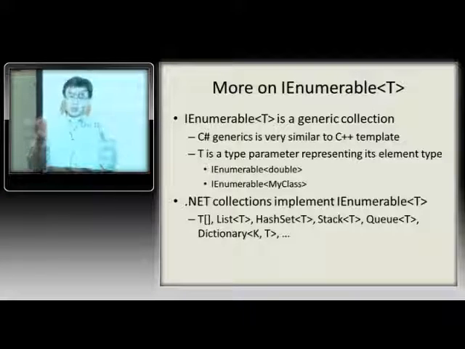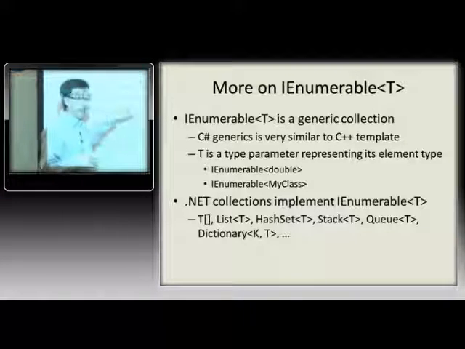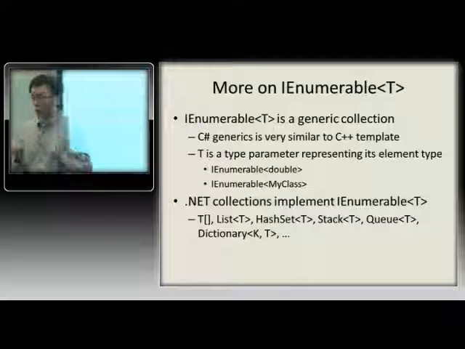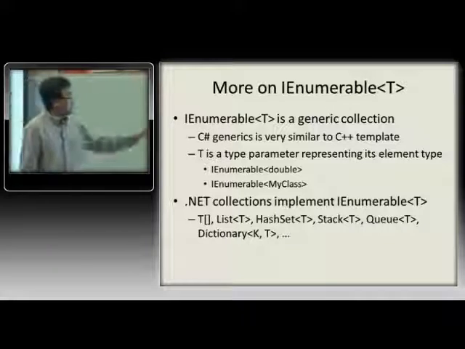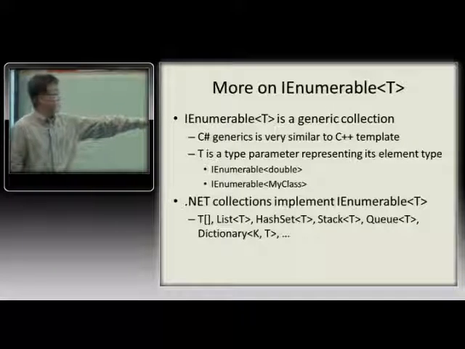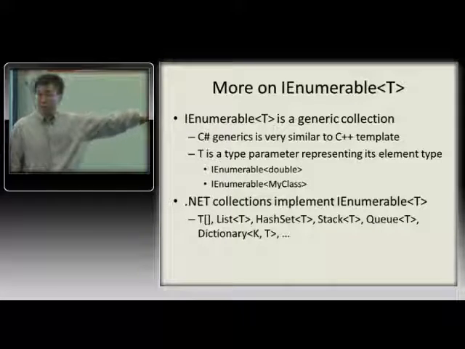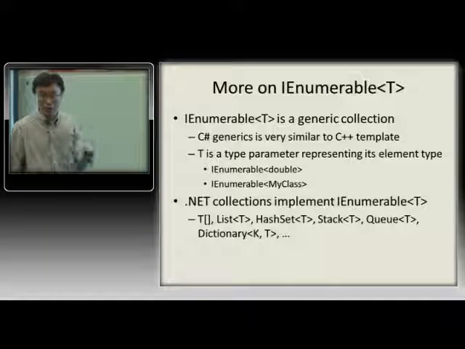This is the basic collection that represents a data set, and it is the basic unit we are going to manipulate most of the time. Also, it's very interesting that most of the .NET collections implement this IEnumerable interface.